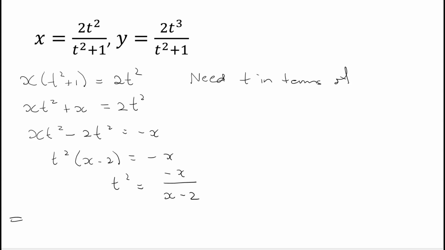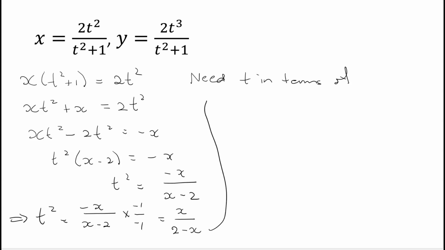So what I need to do is on the right hand side I need to multiply that by 1, but it's -1/-1, which is the same thing. And then -x times -1 is positive, and -1 times x minus 2 will give me -x and +2, which I'm just going to write the other way around like that.